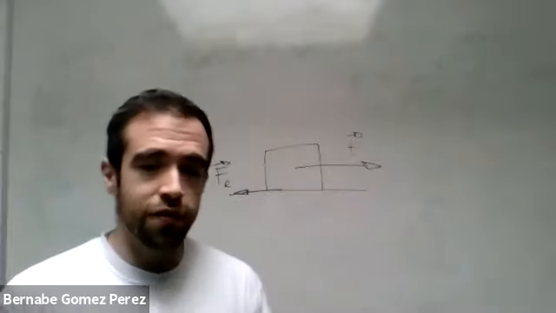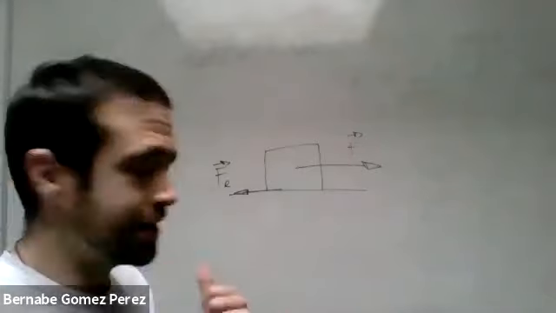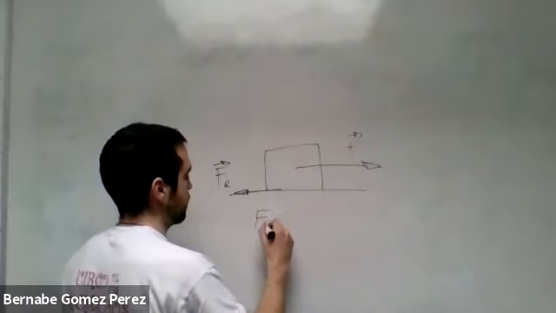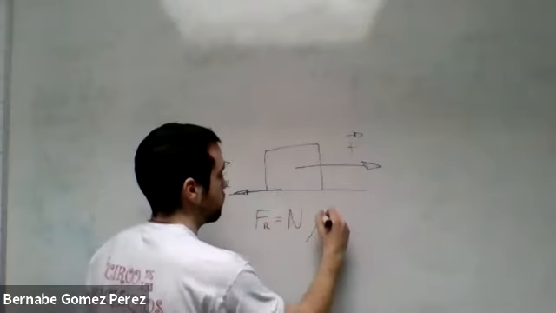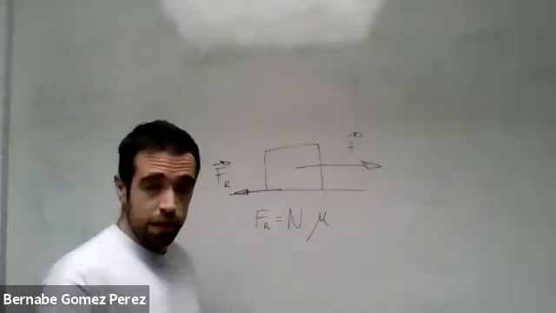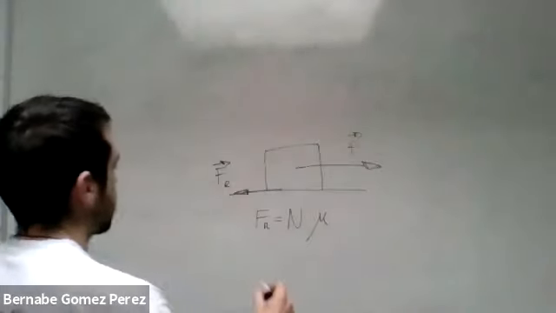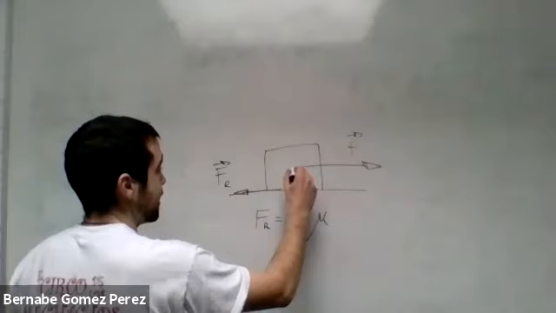If you understand that it's always parallel to the surface and it's related to the normal force, it is equal to that normal force multiplying some coefficient. This coefficient normally depends on the surface. You also can relate this to the weight, right?